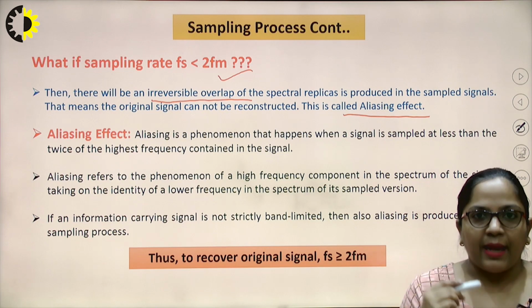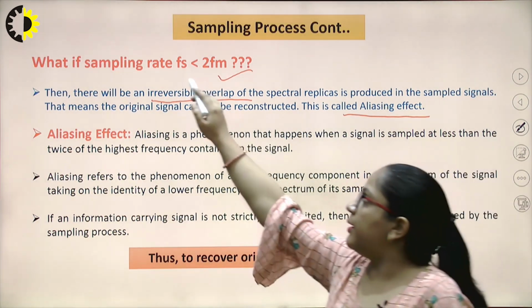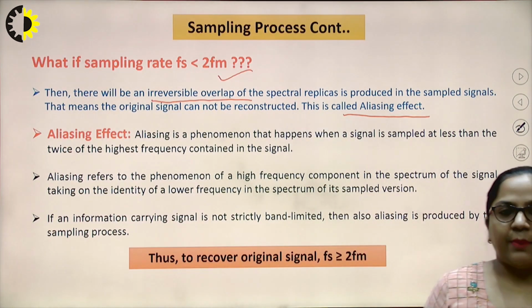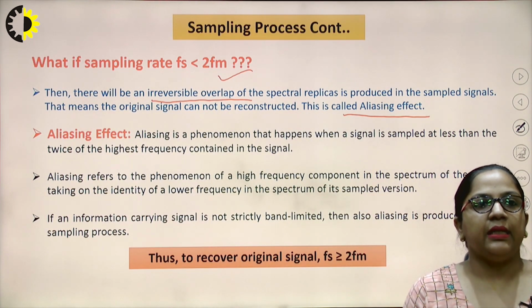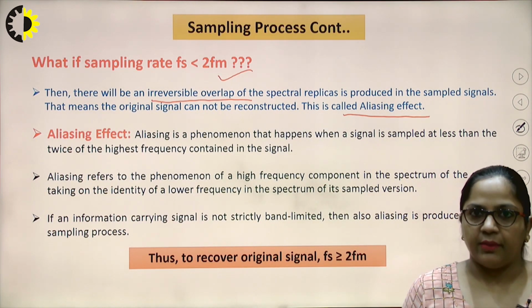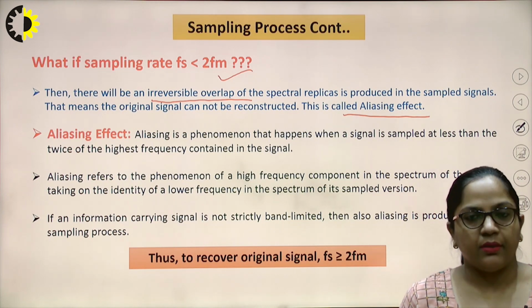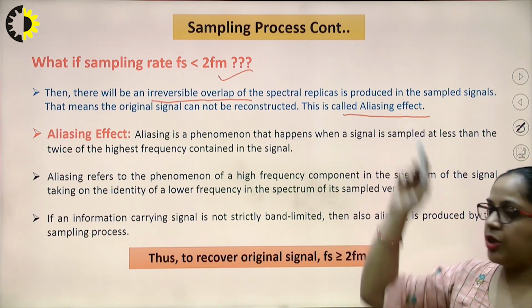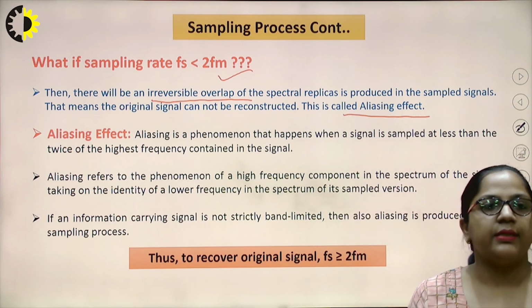If we consider Fs less than twice Fm, and the overlapping occurs, then the signal cannot be reconstructed back from its sampled signal. So this condition is called the aliasing effect.